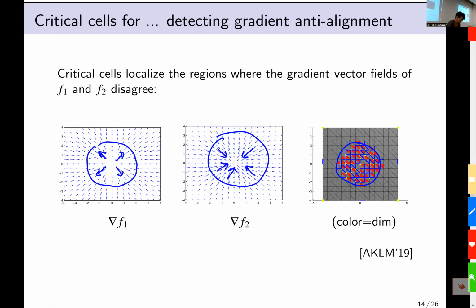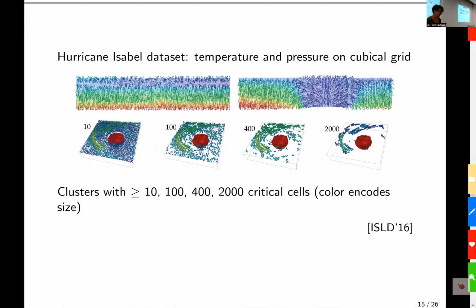So let me show it in a real data set. In this data set, taken from the data of the Hurricane Isabel, these are two slices, the left one and the right one, where on the left is shown the gradient of the temperature, and on the right the gradient of the pressure on a cubical grid.